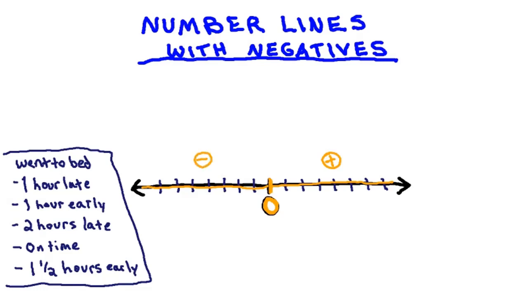So let's try to plot this little chart on this number line just using dots. Say you're keeping track of when you go to bed at night for 5 days in a row during a school week. And the first night you went to bed on a Sunday night and you went to bed 1 hour late. So this number line is going to be the hours late getting to bed.